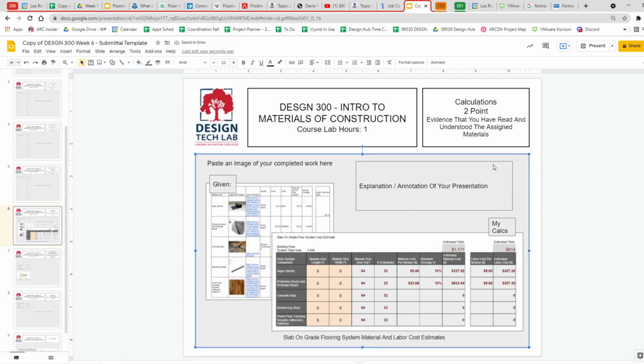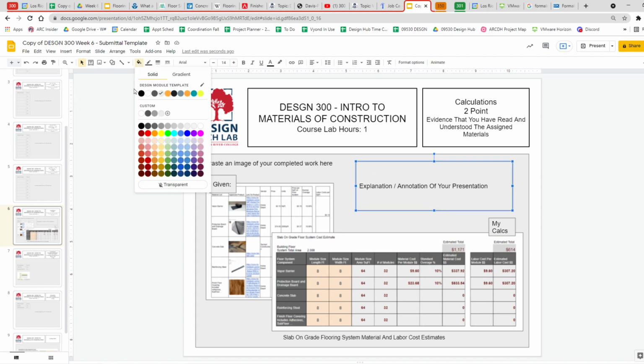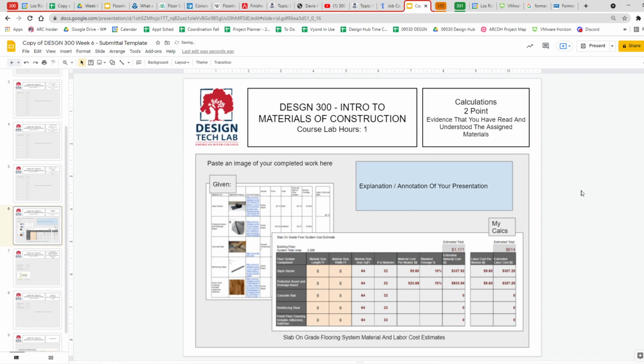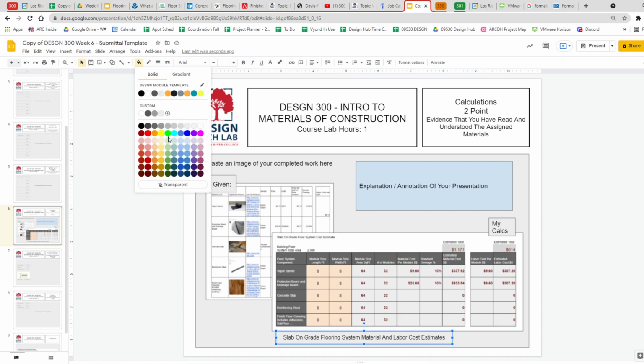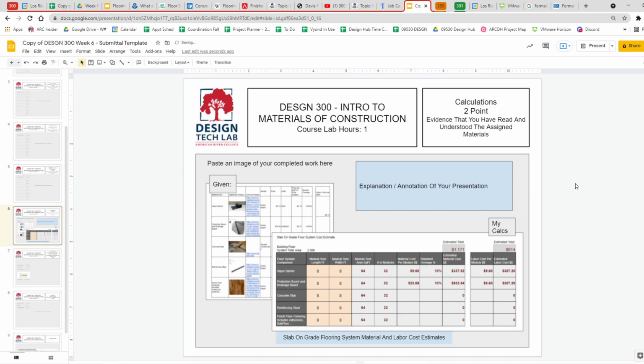And if you want to, you can even change its color just a little bit, maybe to something like that. Now you've got a pretty good looking presentation going.